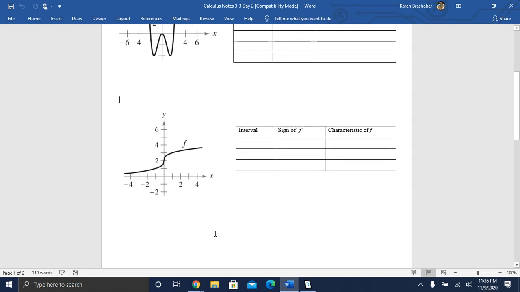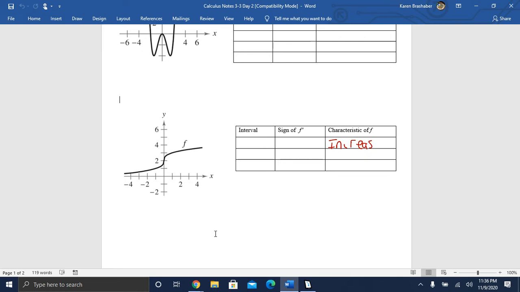So on this graph, we actually have a monotonic increasing graph. This graph starts low and it moves high without ever turning down. So as I look at what's going on, I see that I have an increasing graph.